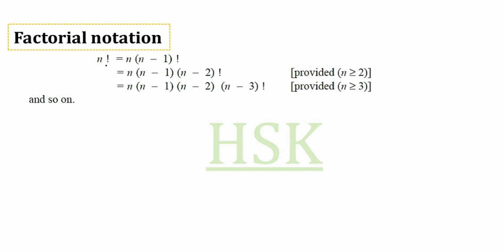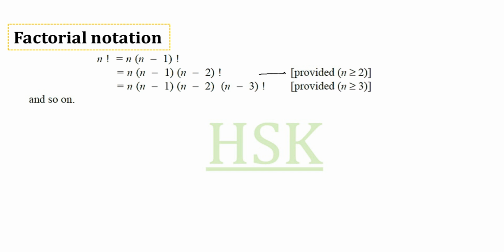Now we are going to talk about a result related to factorial notation: n factorial can be written as n into n minus 1 factorial. This can be further written as n into n minus 1 into n minus 2 factorial. This can be further written as n into n minus 1 into n minus 2 into n minus 3 factorial.